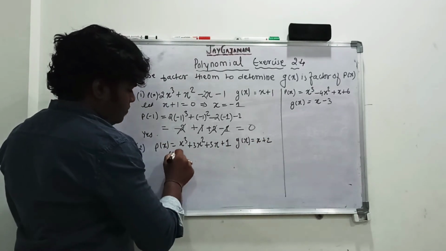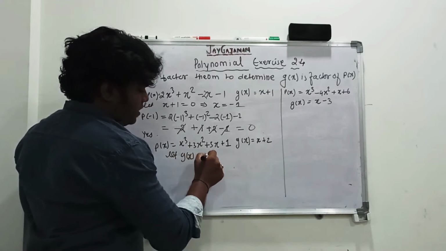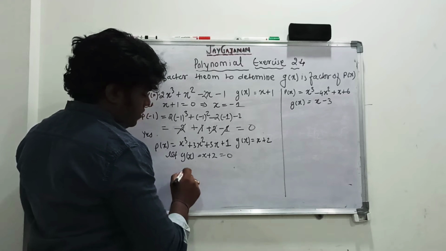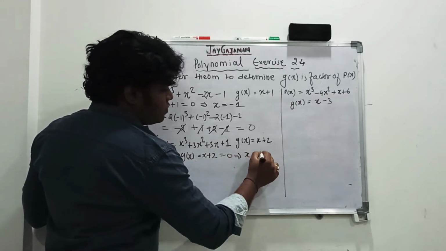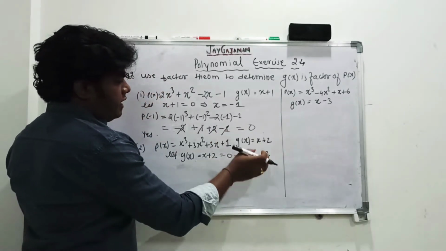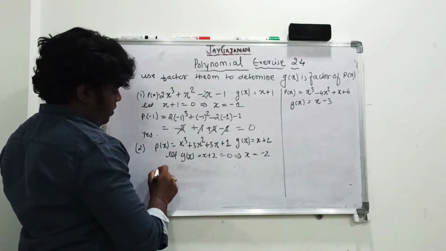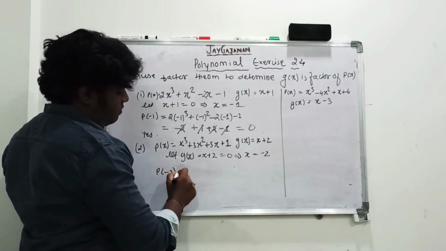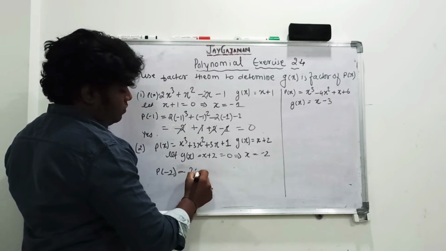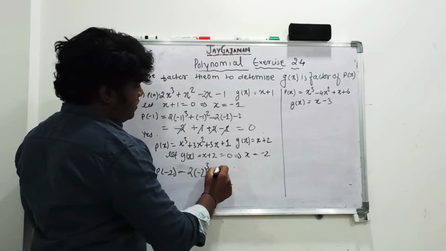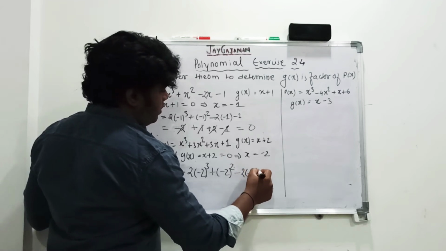So again, let g of x is equal to x plus 2 is equal to 0, which implies x is equal to minus 2. Now you have to put minus 2 in place of x. So p of minus 2 is equal to 2 into minus 2 cube plus minus 2 square minus 2 of minus 2 minus 1.